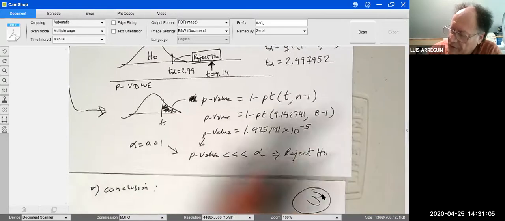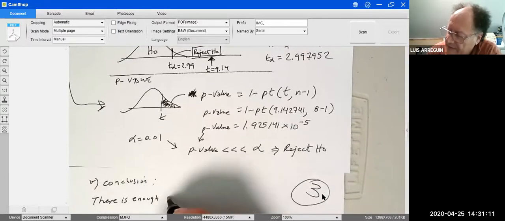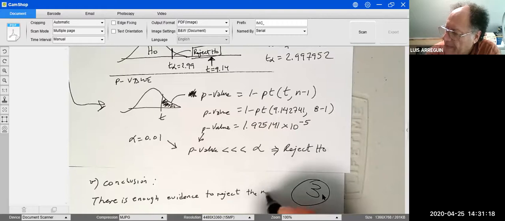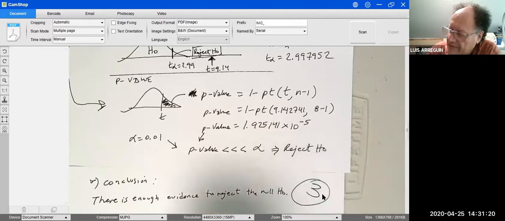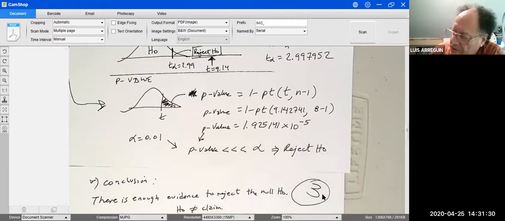So you're gonna write something like, there is enough evidence to reject the null. Now you know that the null and the claim are different. So the claim is that you got more mileage from tuning up your car.